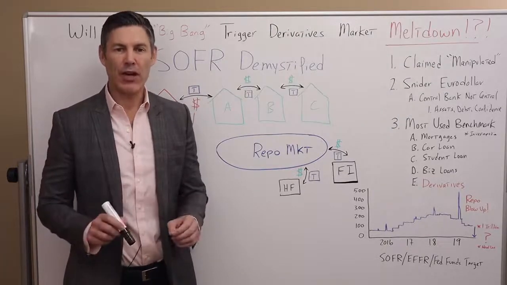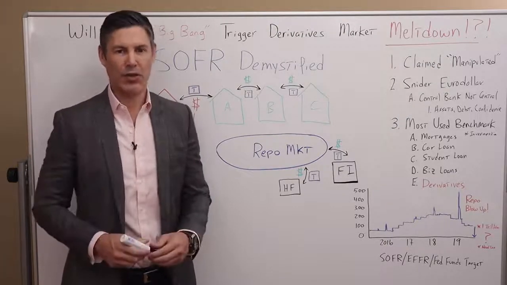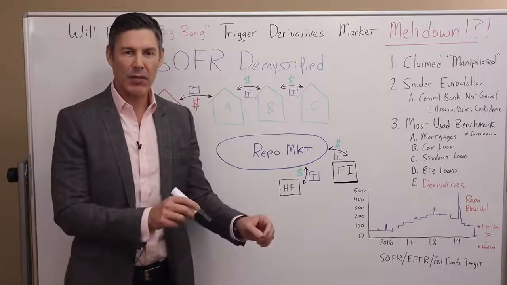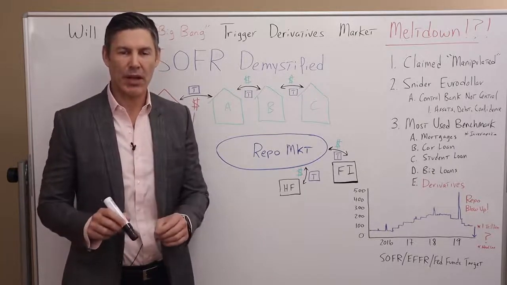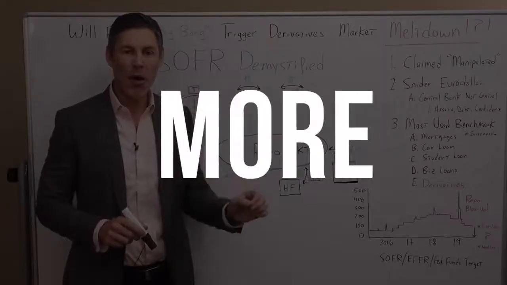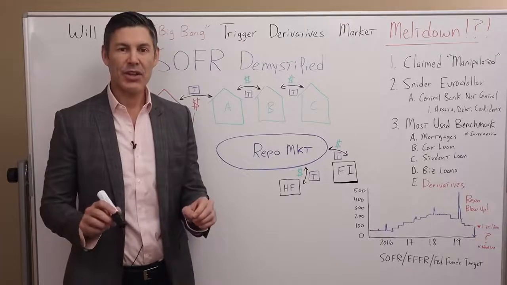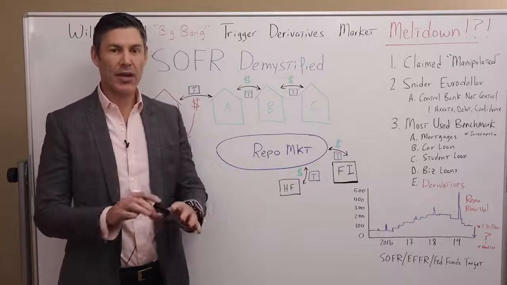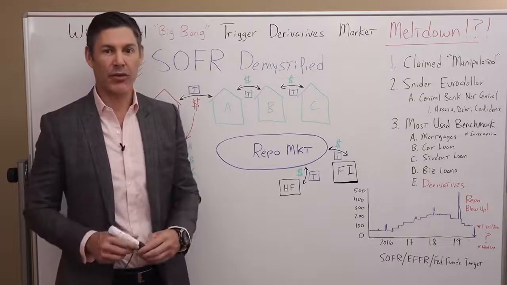The central planners are trying to brainwash you into believing they're moving from one rate to another because the first rate was manipulated, when the rate they're moving to is even more manipulated. And I think that once you start putting the pieces of the puzzle together, their game plan becomes crystal clear.